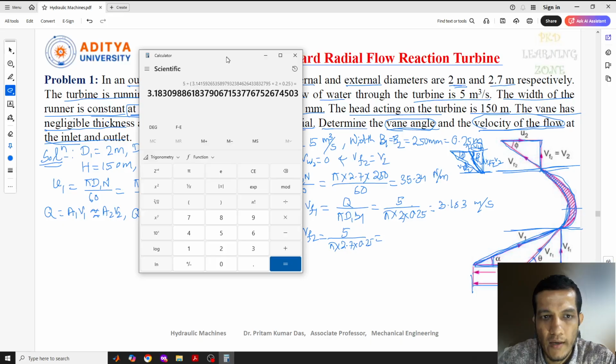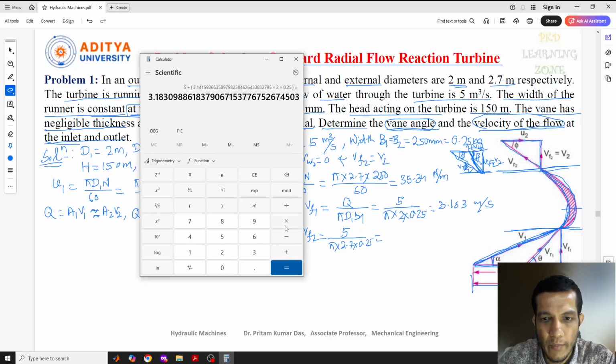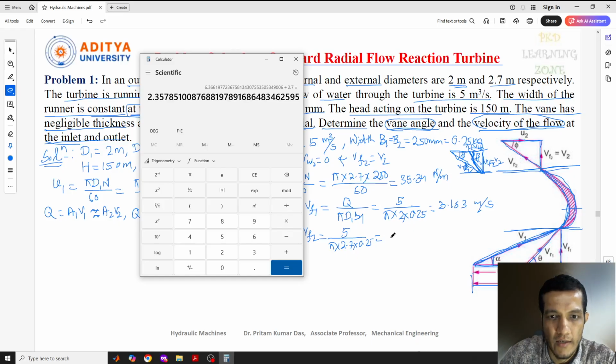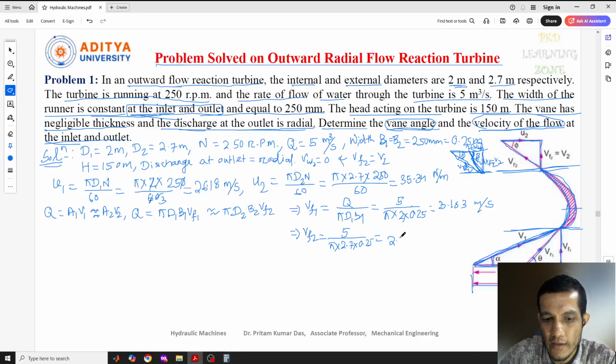What I'll do here is just multiply 2 and divide 2.7, giving 2.35 meter per second. The previous value, I multiplied this one, and again I divided this one.